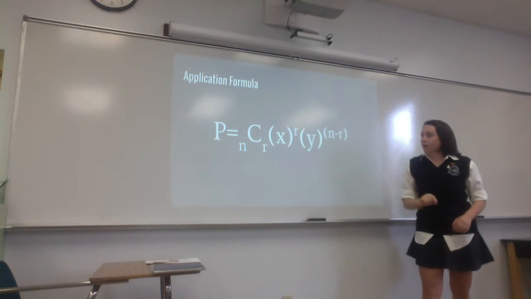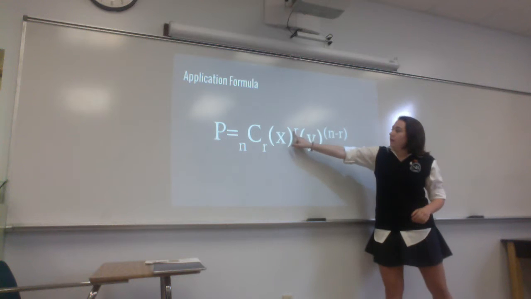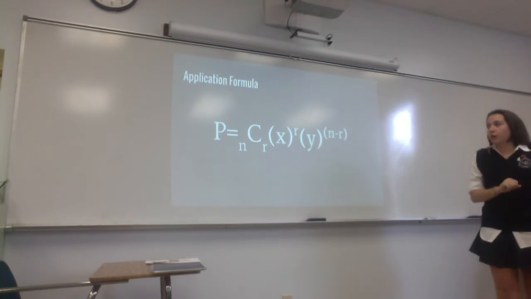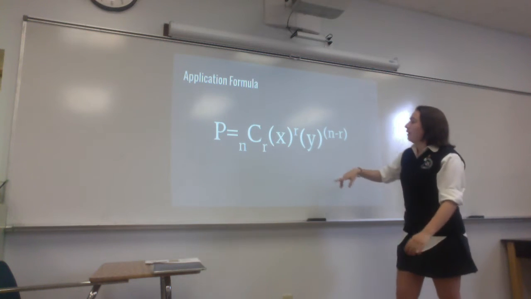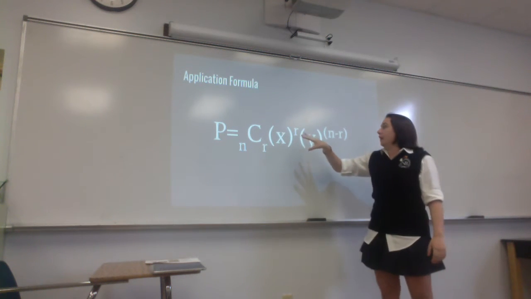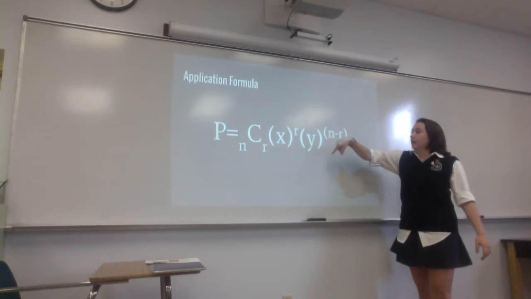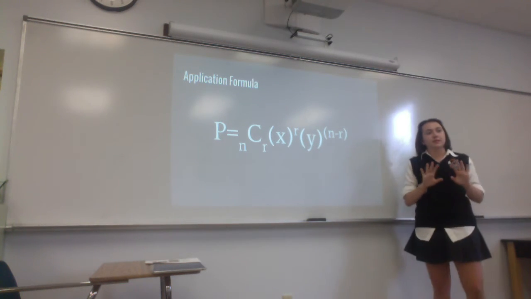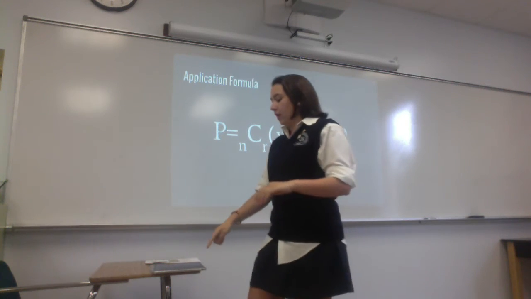The second thing that's different is that what we raised the x and the y to has switched. So in the magic formula, x was raised to the n minus r and y was raised to the r, but it has switched. So those are the 2 things that are different, but the same process.